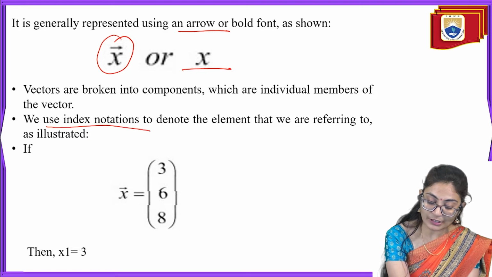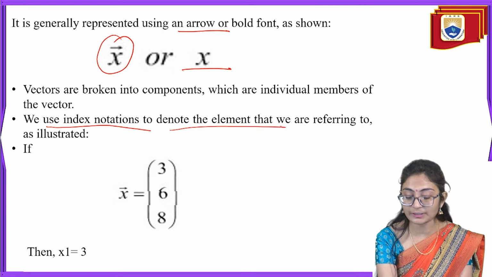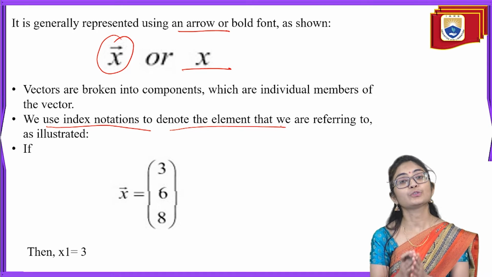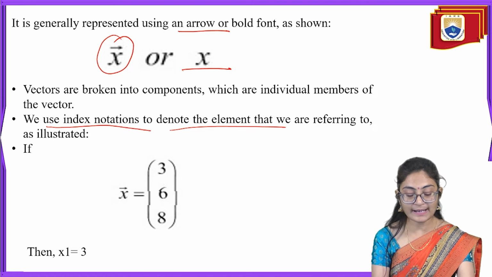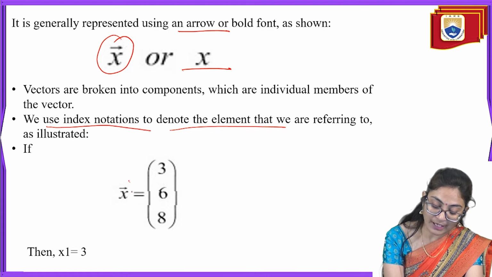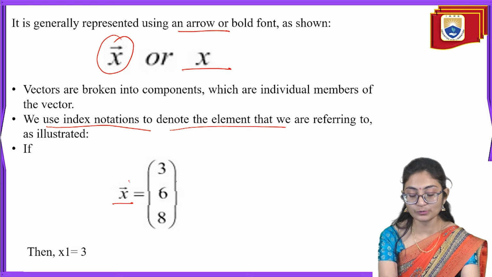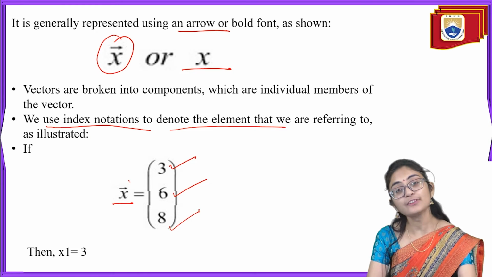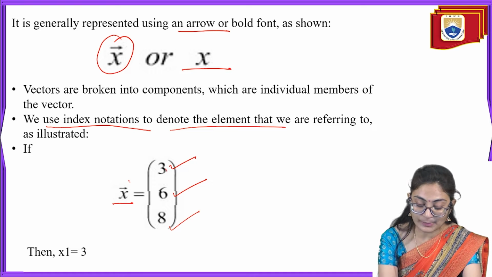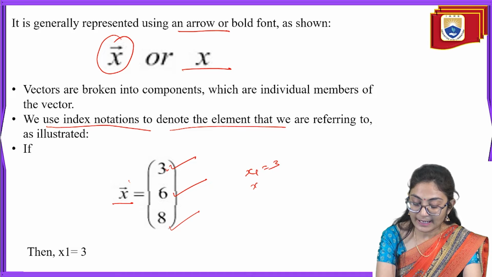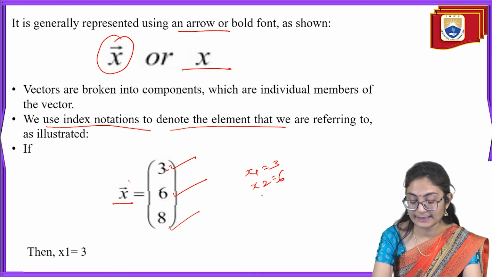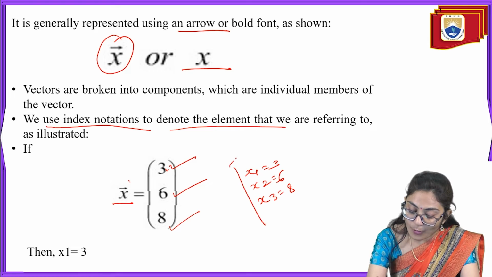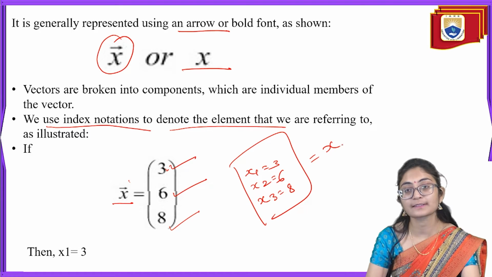We use a notation for denoting each element. For example, x bar is equal to three values, 3, 6, 8. Then x1 is equal to 3, x2 is equal to 6, and x3 is equal to 8. All these are values of x.